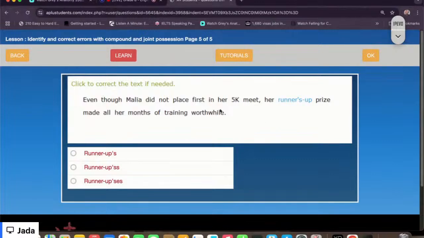Even though Malia did not place first in her 5K meet, her runners up prize made all the months of training worthwhile. First, second, or third?